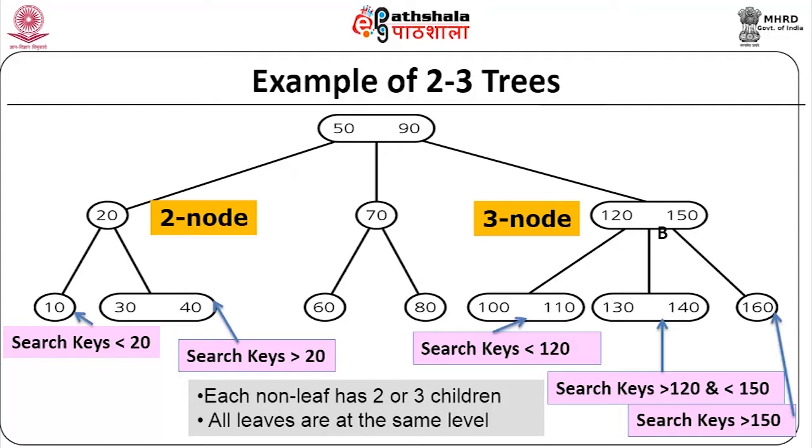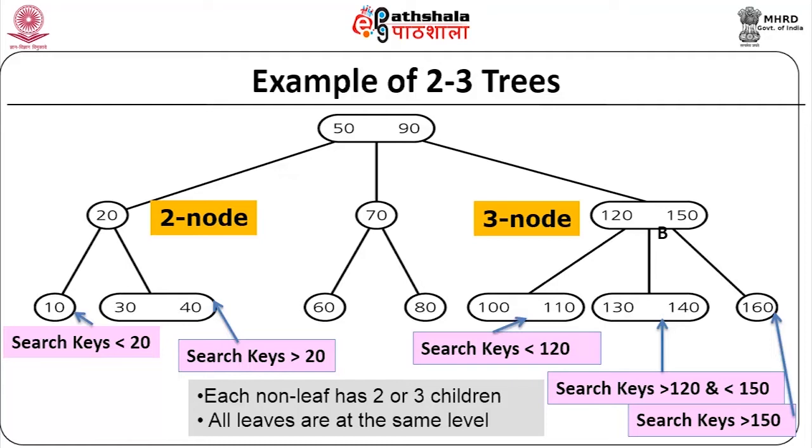Now, if you take 70, that again is a 2 node, left is less than 70, right is greater than 70. If you take the 3 node containing 120 and 150 as S and L, then you will see that the search keys in the left subtree are less than 120, in the middle subtree are between 120 and 150, and in the right subtree are greater than 150.